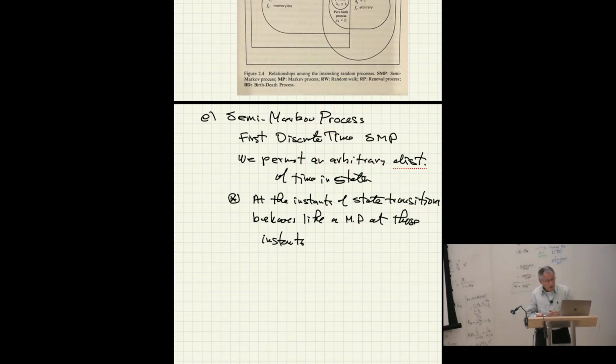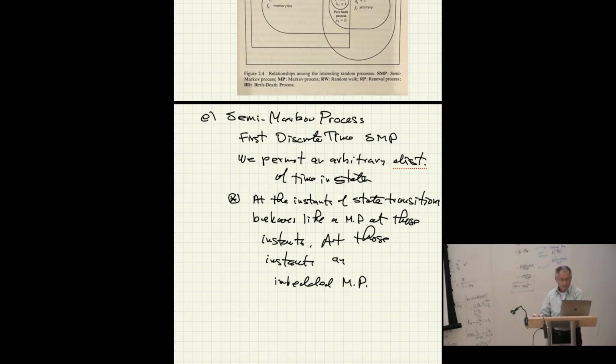And in fact, we're going to say at those instants, we have something called an embedded Markov process. Or in this case, if discrete, it's a Markov chain. Which means that we've embedded into the time axis certain points when this looks like a pure Markov process, but not at other times.